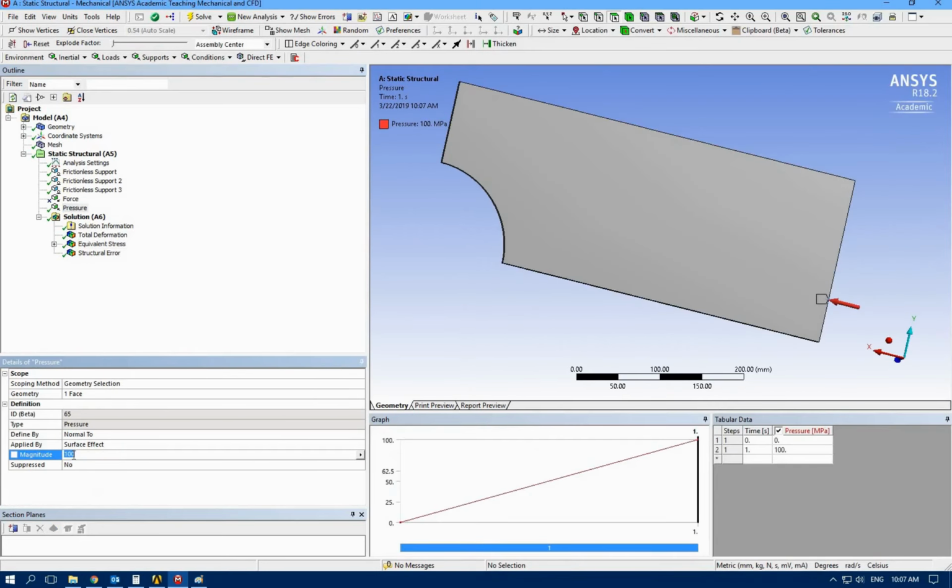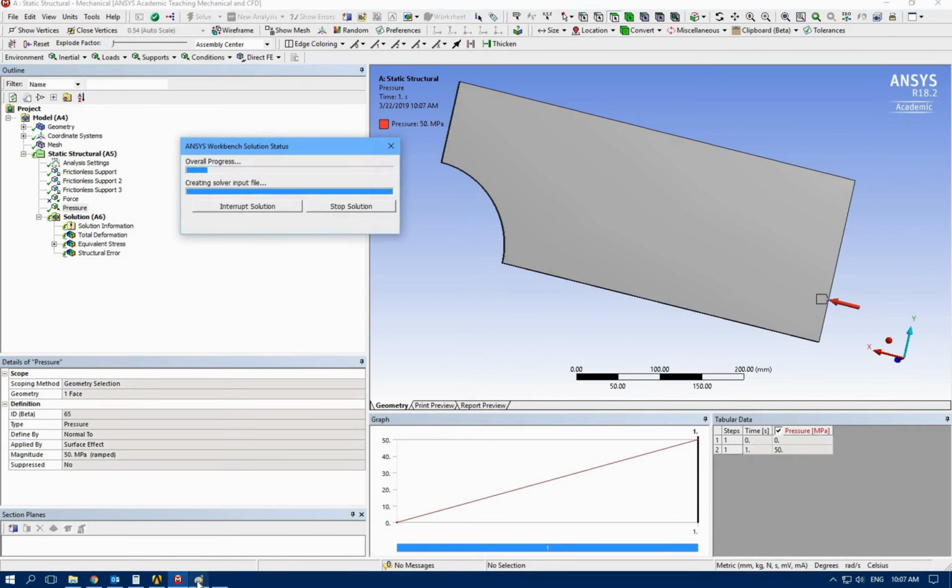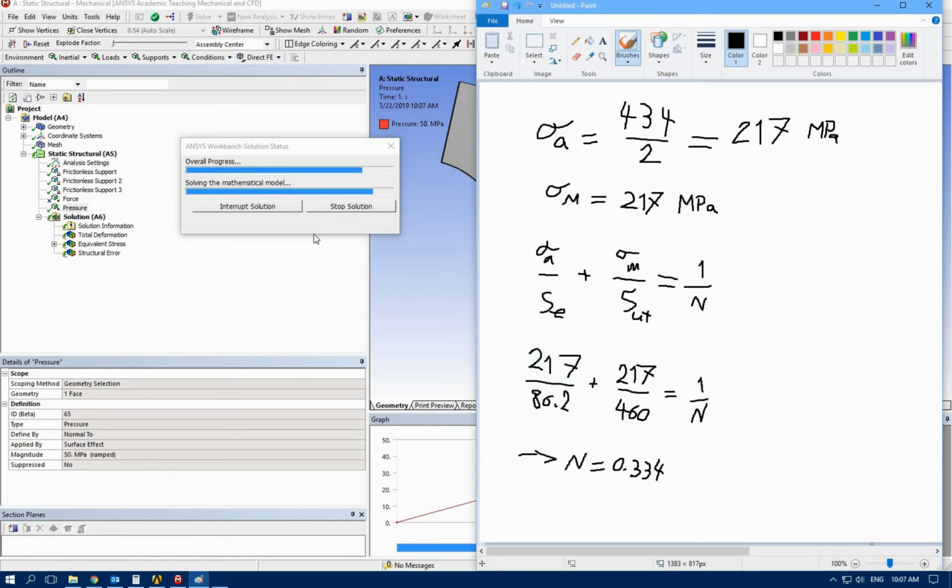Now I want to calculate for fully reversed cycling, and it was 50 megapascal force, positive and negative, but I need just one side. So let's solve and find the maximum and minimum stress at the point we are interested in.